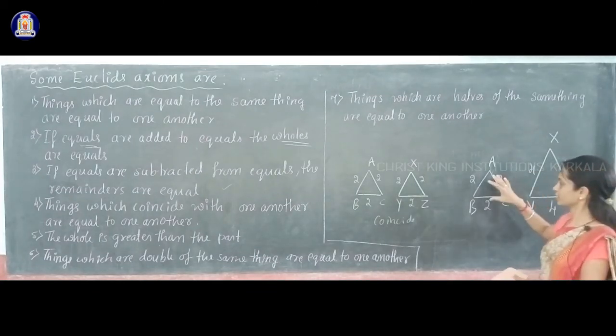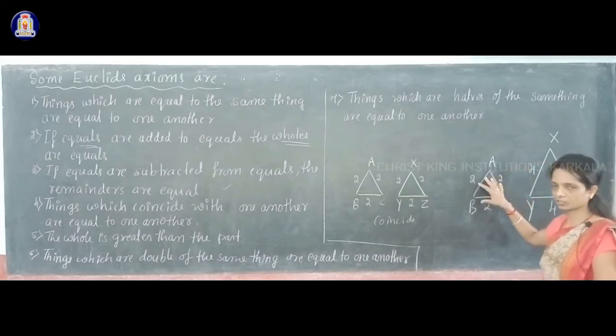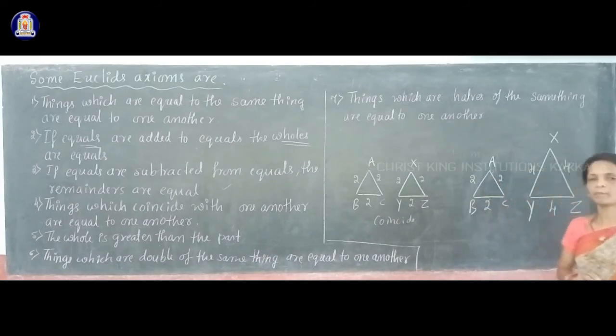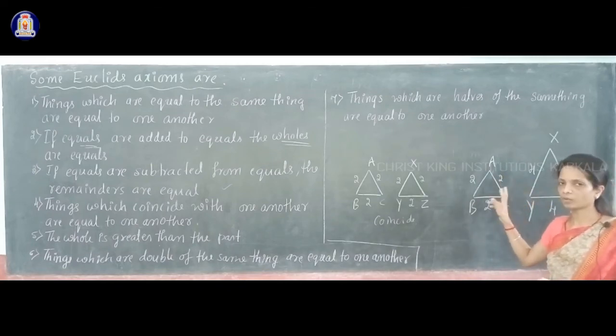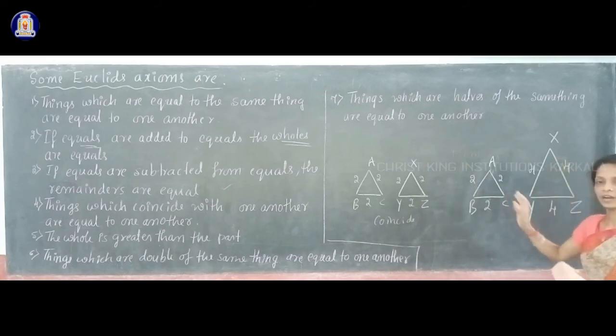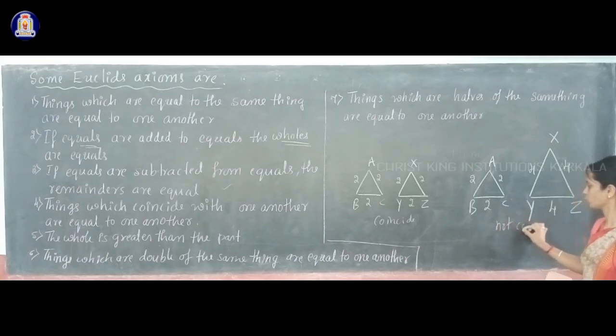Now if you keep triangle ABC on this, or XYZ on this, then they won't match in size. In shape they are equal, but in size this is the smaller one, this is the bigger one. They are not coinciding with each other. So these two figures do not coincide.